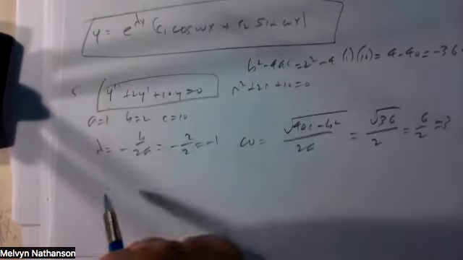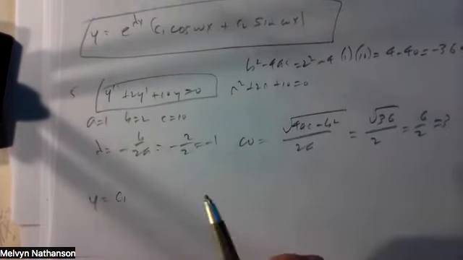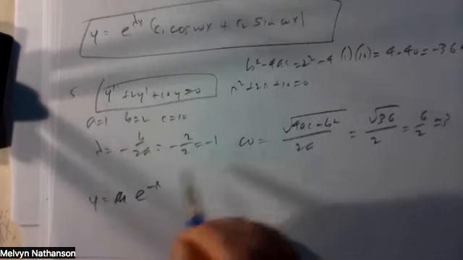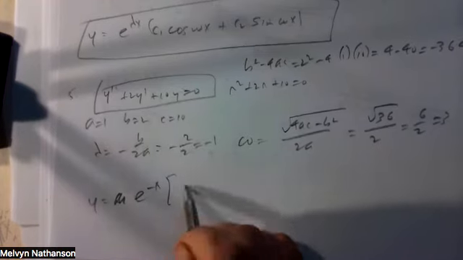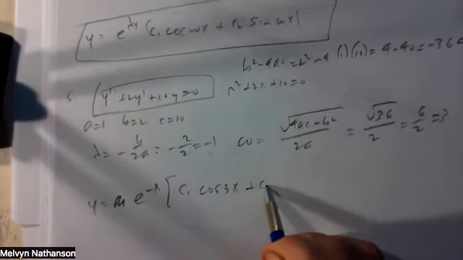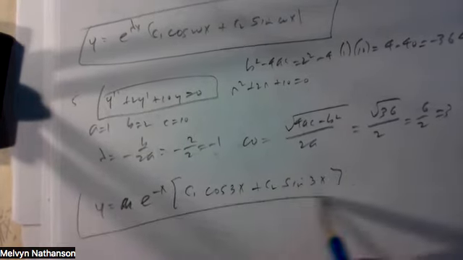So for this differential equation, the general solution is y = e^(-x)(C1 cos 3x + C2 sin 3x).